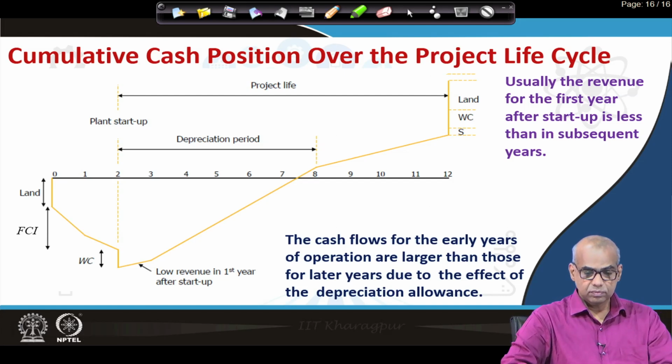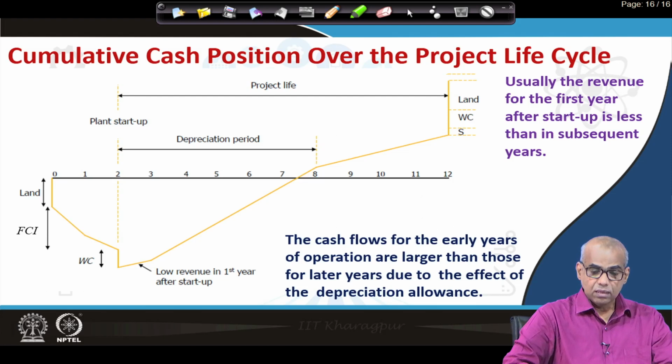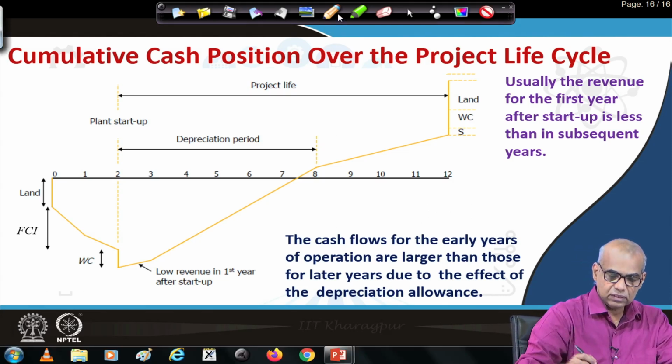Now, this is a slight variation of the cumulative cash flow diagram that you have seen in the earlier slides. What are the differences? Note in this part.